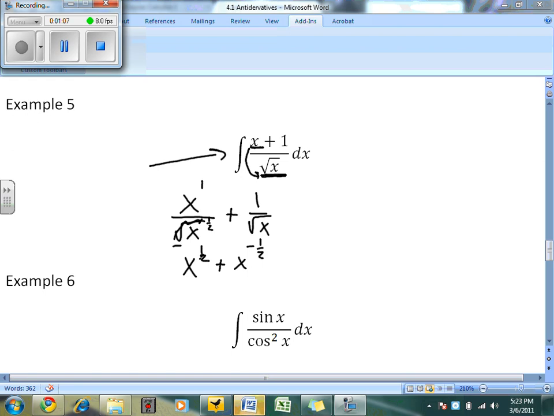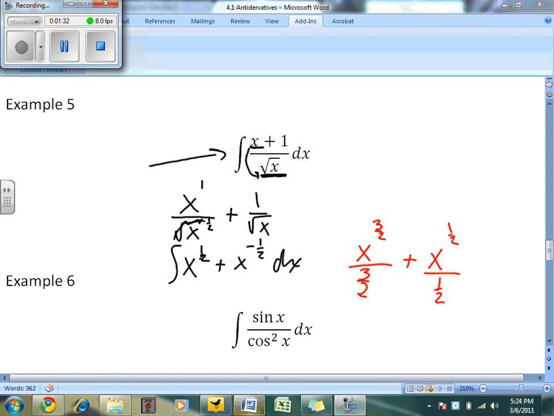Now we're going to take the integral with respect to x. And remember what we do, and we've done this now. We're going to add 1 to the power and then divide by the new power. So we're going to go x to the 3/2, and we're going to divide by our new power, which is 3/2, plus x to the 1/2, and we're going to divide by the new power of 1/2.